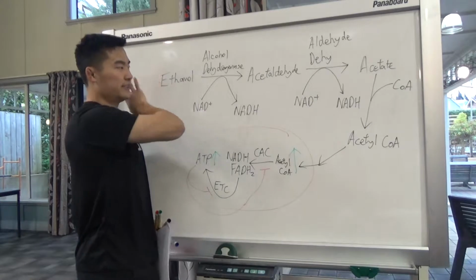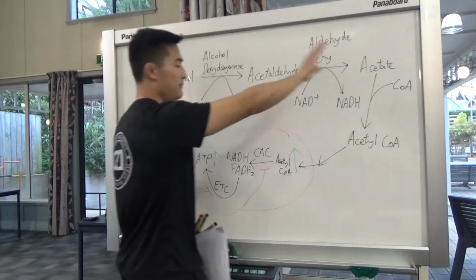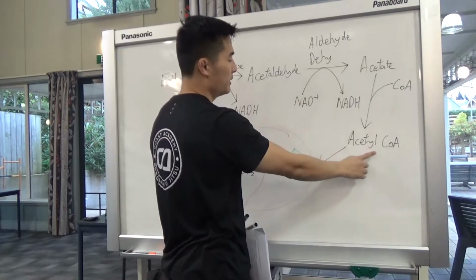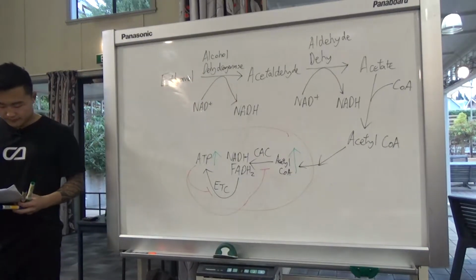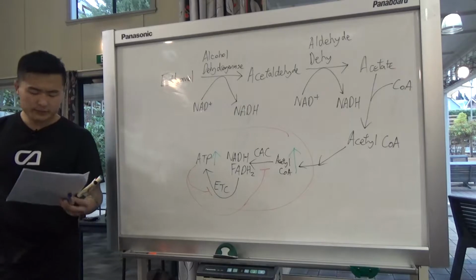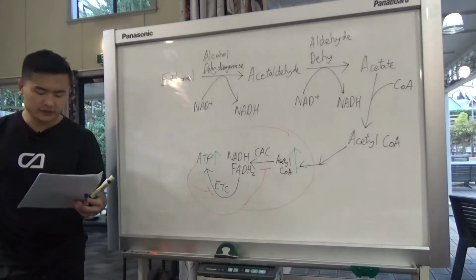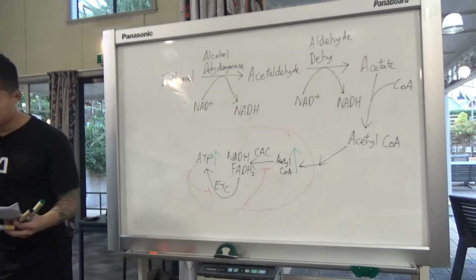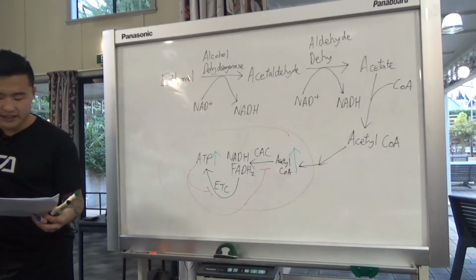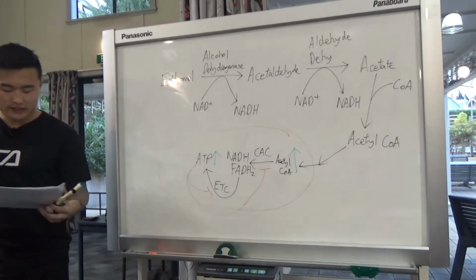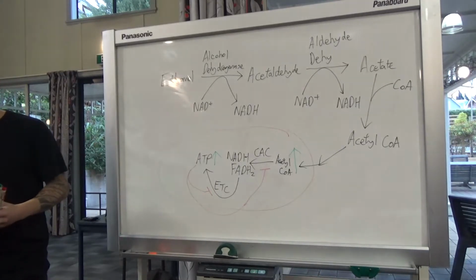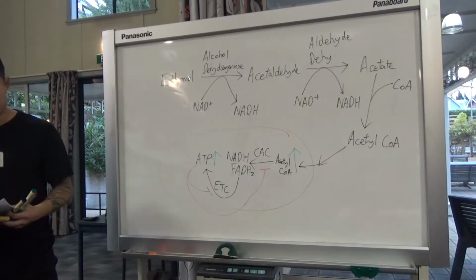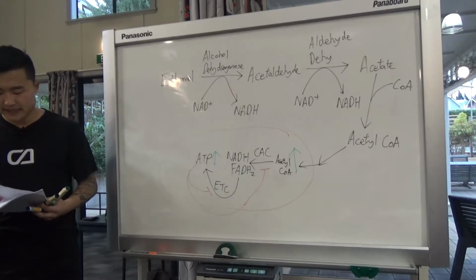So all this stuff here is going to keep happening, and you're going to get a buildup of acetyl-CoA. So in the boxes at the bottom, you should say increased levels of NADH and ATP, and also acetyl-CoA, and decreased levels of NAD+. Okay, so we'll move on to the next page.